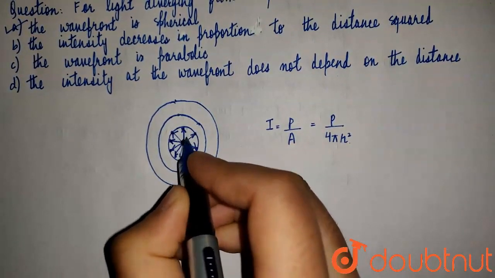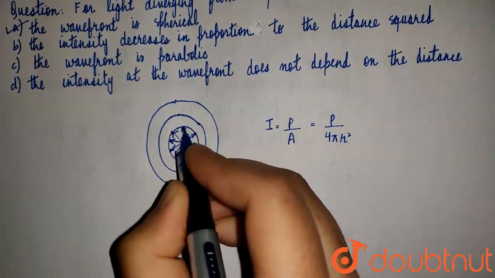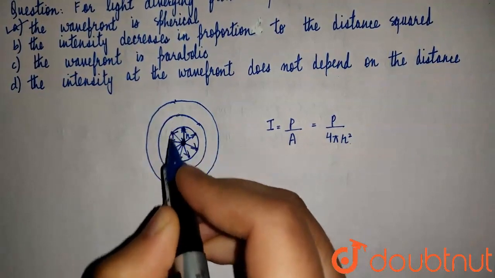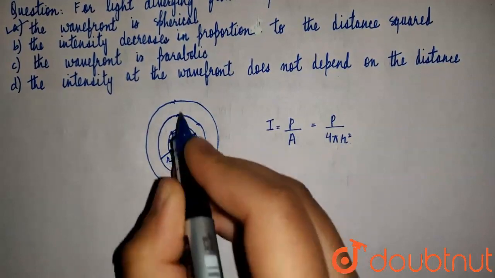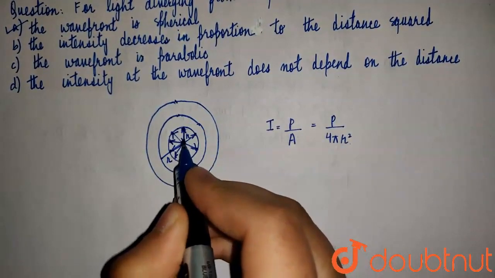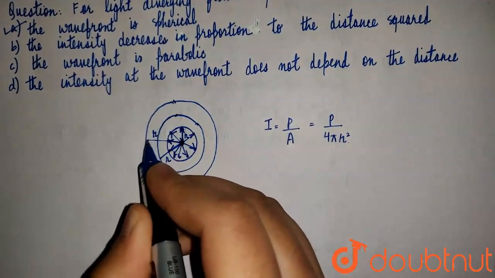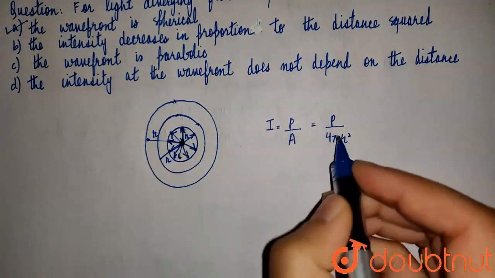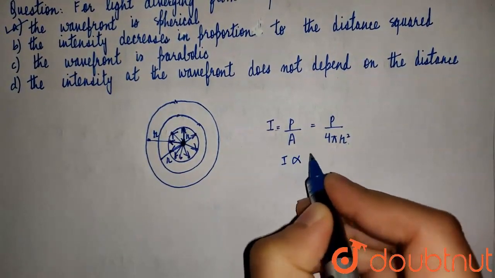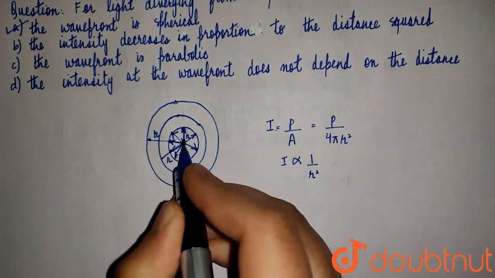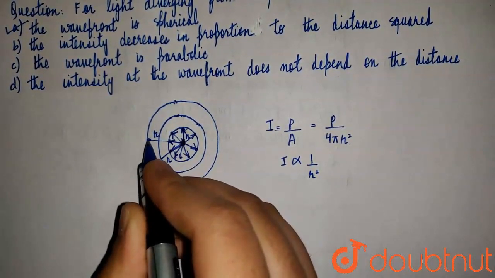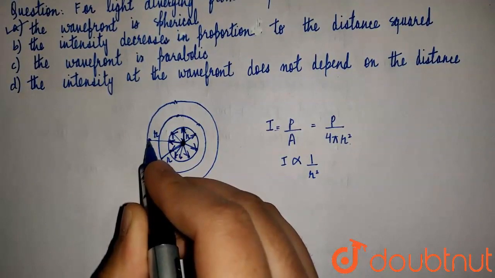Can you see it? From this point to this point, and the radius of this will be measured from the center to this point, and the radius of this again from the center to this point. So intensity is inversely proportional to r square, that is the distance from the point source to the wavefront that we are talking about.